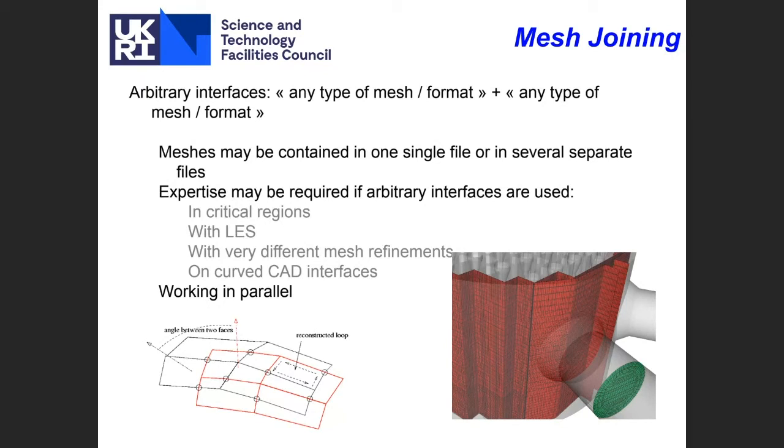The way it works is that at the interface there's a non-matching, the faces don't match. So new faces are created for the same amount of cells, and this is handled by the code itself. And this is all massively parallel.